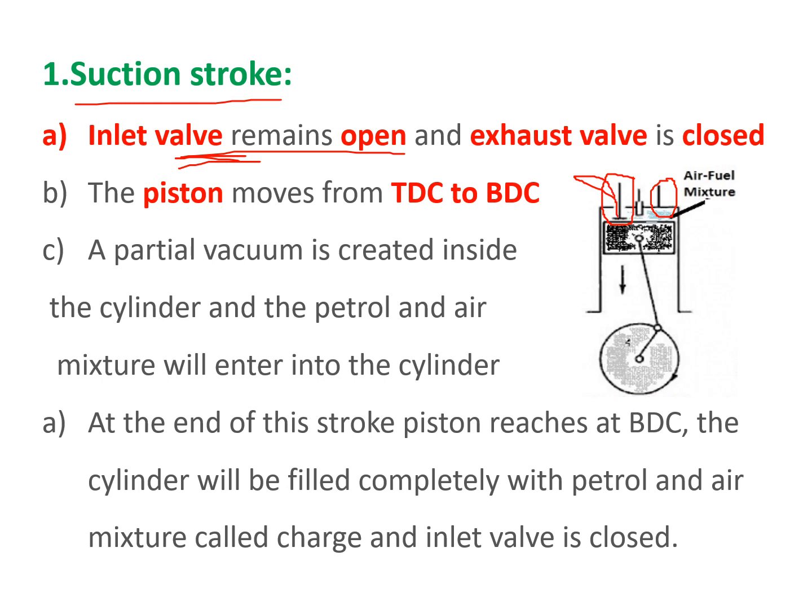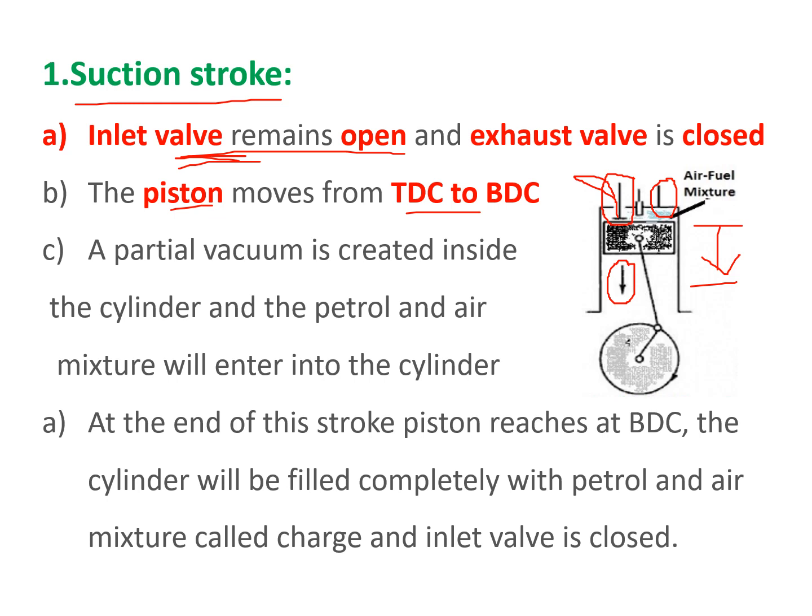Okay, and in this suction stroke the piston moves from TDC, you see the arrow, this is the direction of the piston motion. This is the TDC, this is the BDC. It means the piston is moving from TDC to BDC. So during the suction stroke, the inlet valve is open, the exhaust valve is closed, and the piston is moving from TDC to BDC.